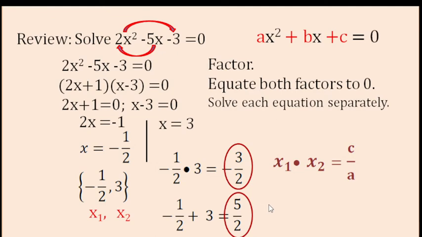And also, the sum of the two roots is equal to the opposite of the coefficient of our linear term over the leading coefficient. So it's negative b over a. Now we will use this idea to address the competency.